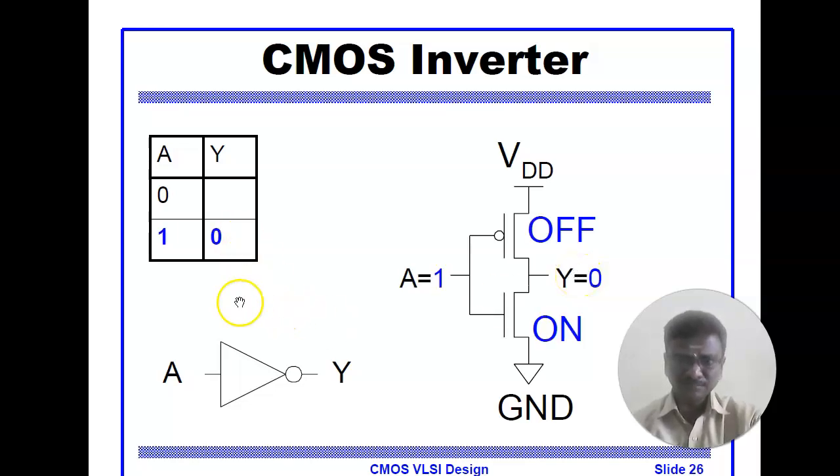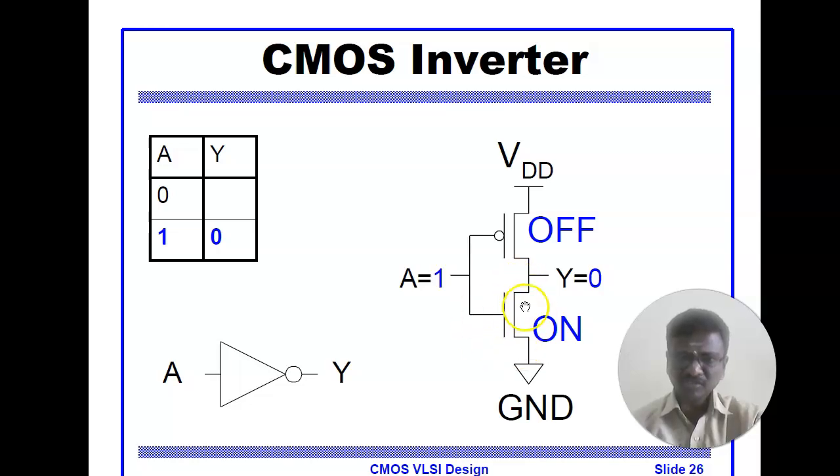When you apply 1 as input, the PMOS transistor will be in off condition and the NMOS transistor will be in on condition. When the PMOS transistor is in off condition, it is in open state, so no supply will flow through it.